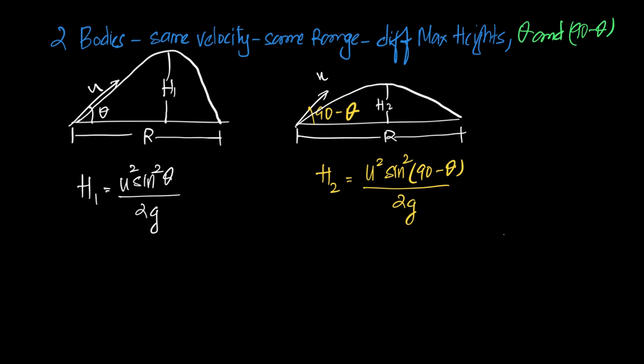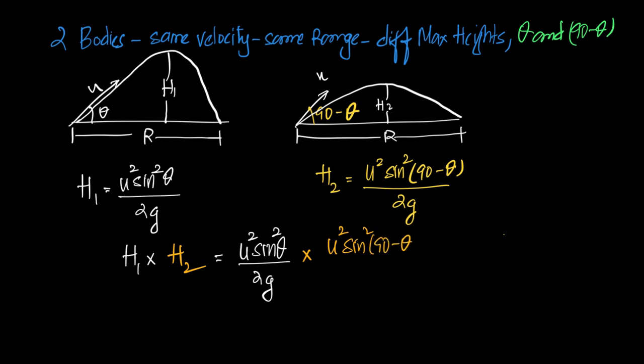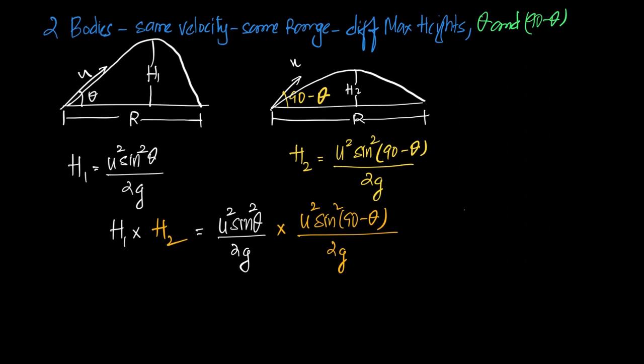Now, what is the meaning of h1 into h2? h1 into h2 is equal to u square sine square theta by 2g into u square sine square of 90 minus theta the whole upon 2g. Now we'll try to make this equation more sensible.